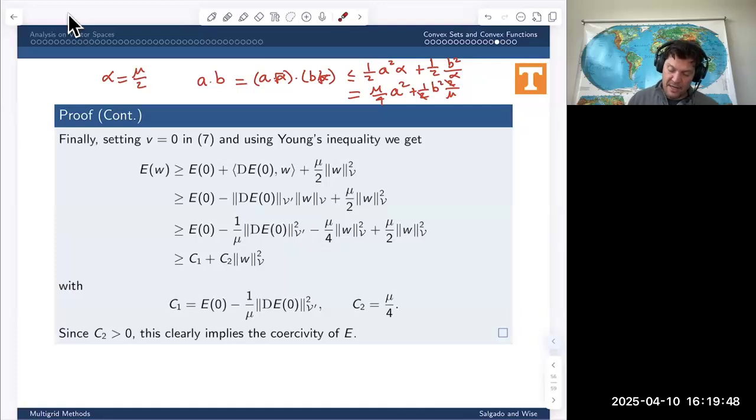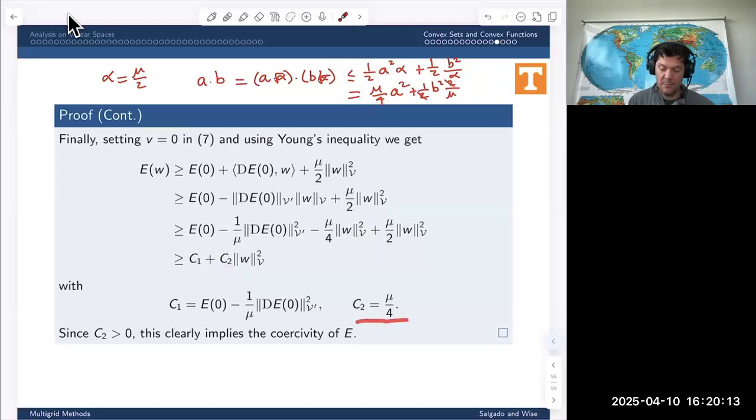But now notice I have something nice happening because I can cancel that with a 1/4 coming from that. And so that leaves a 1/4 left over, or mu over 4. Okay, so that's good. All I need is for that term on W, norm of W squared, to be positive. And I've succeeded at that.